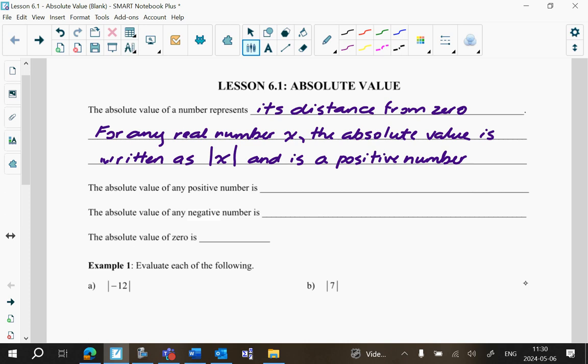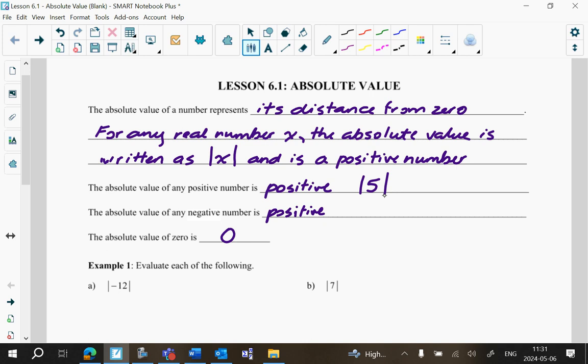So the absolute value of any positive number, well, that's easy. It's just positive. And the absolute value of any negative number is going to become positive. And the absolute value of 0, like I just said, is 0. So if I said the absolute value of 5, you're basically asking yourself, how far is 5 away from 0?